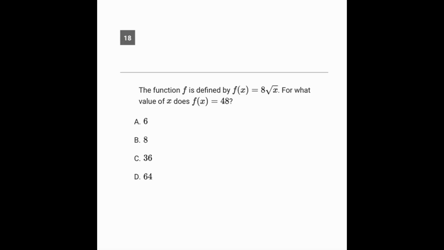Now going to question number 18. Here we have f of x equals 8 root x and f of x equals 48. If they're both equal to f of x, then they're equal to each other. So we can just set them equal. Now we can start solving. Well, what is happening to our square root of x? It's being multiplied by 8. So let's divide by 8.